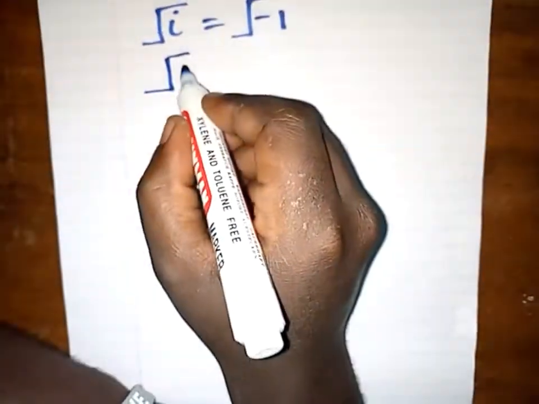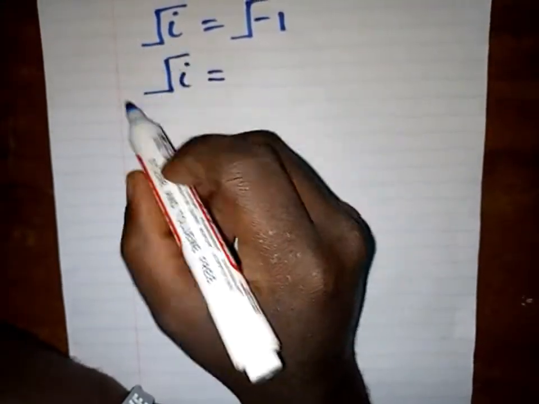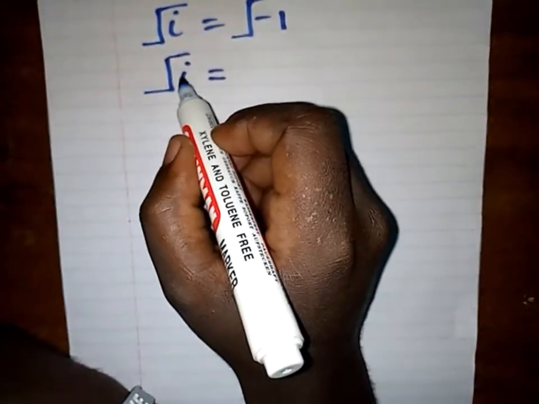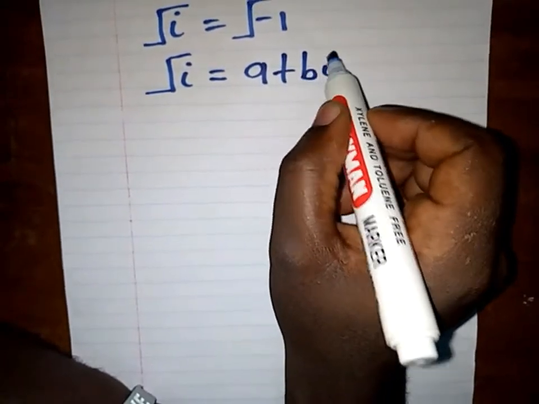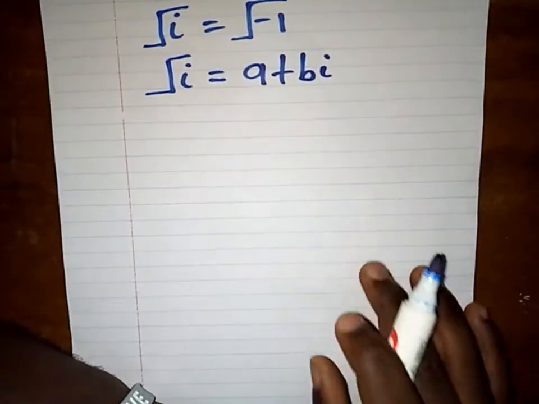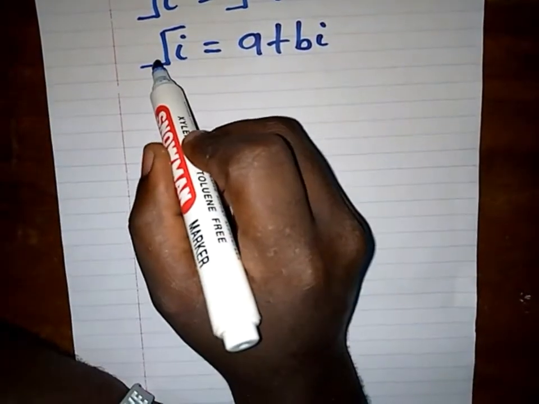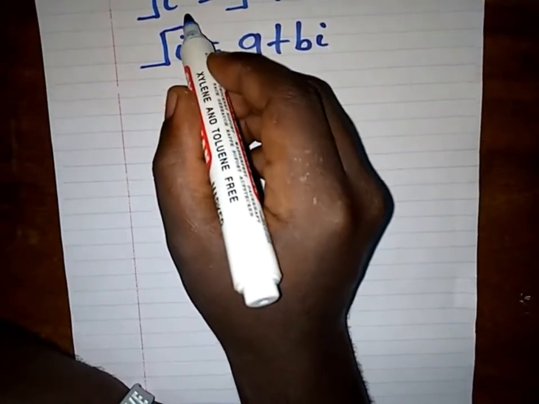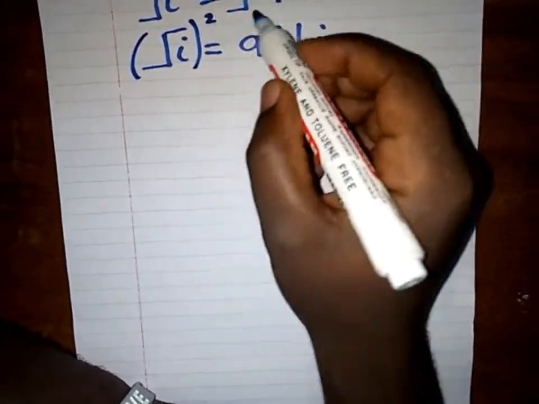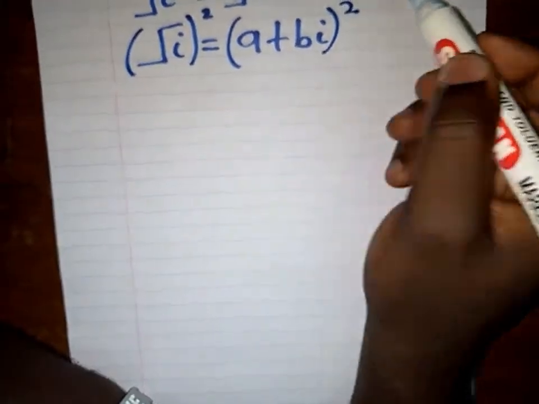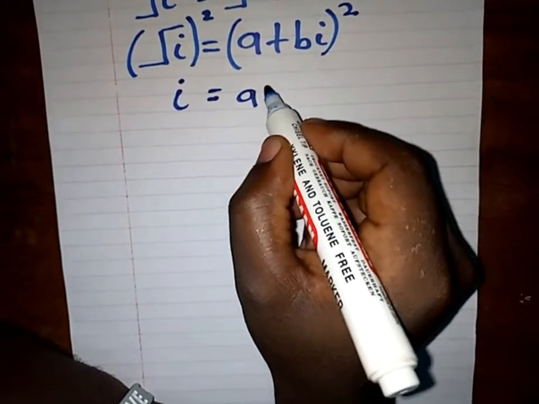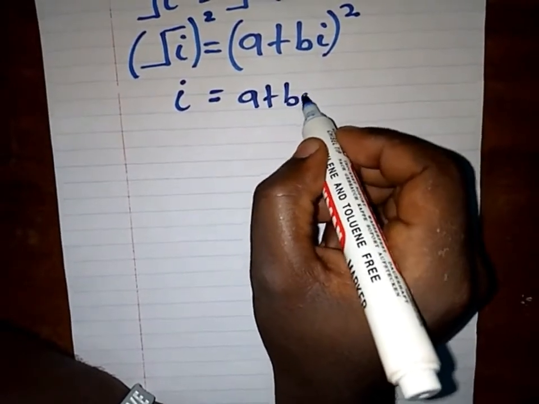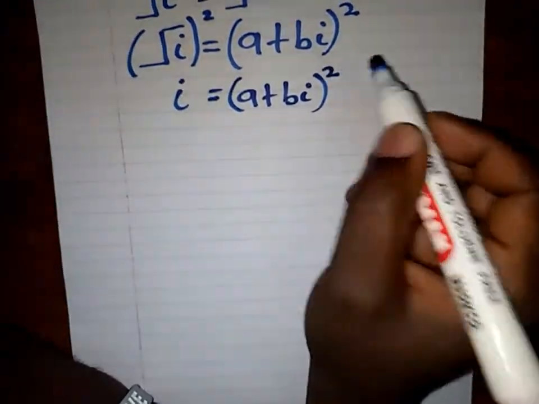Remember this i is a complex number, so this is the same as a plus bi. Yes, so this is the square root. That means we can introduce a square on both sides and remain this side with i. This side we're going to remain with (a plus bi) squared.